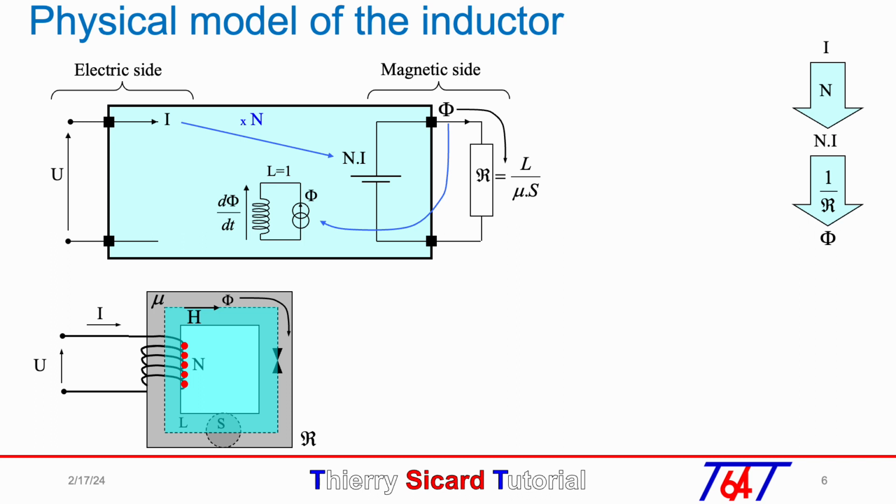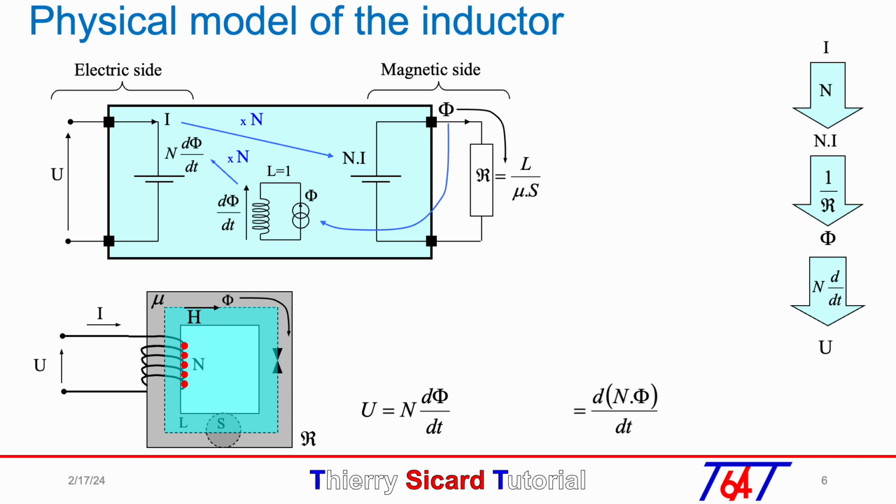Each turn of the coil is crossed by the flux, and each turn generates a voltage proportional to the flux variation. So the voltage across the coil is N times the derivative of the flux phi over t.